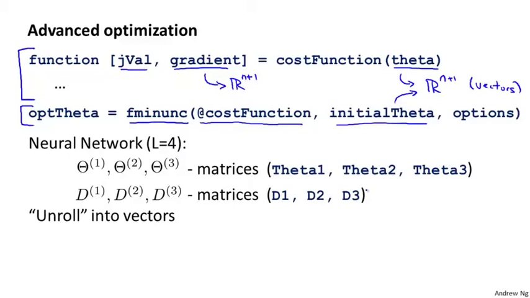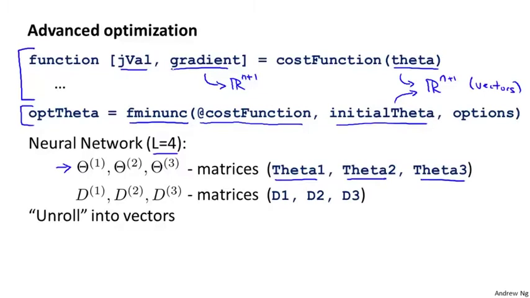This worked fine when we were using logistic regression, but now that we're using a neural network, our parameters are no longer vectors, but instead they are matrices, where for a 4-layer neural network we would have parameter matrices theta 1, theta 2, theta 3 that we might represent in Octave as matrices Theta1, Theta2, Theta3.